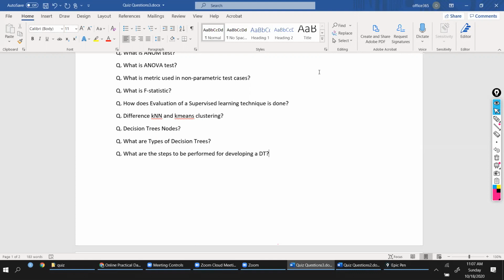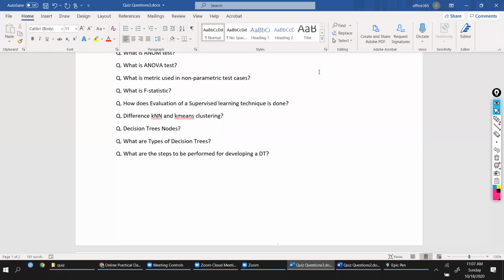We have to identify the variable which helps us get least entropy, maximum information gain. Statistically, we will be calculating the maximum information gain.